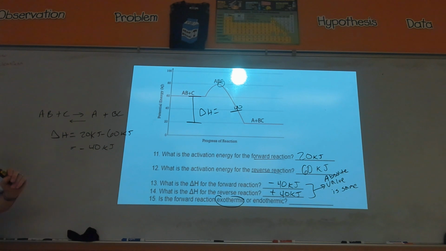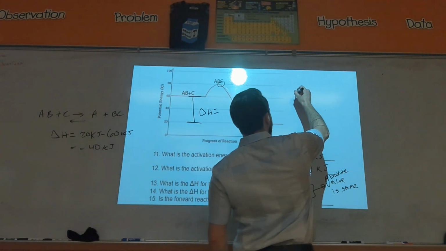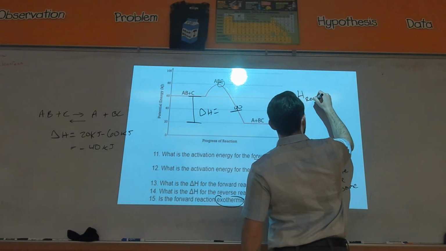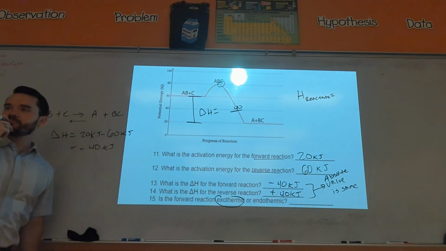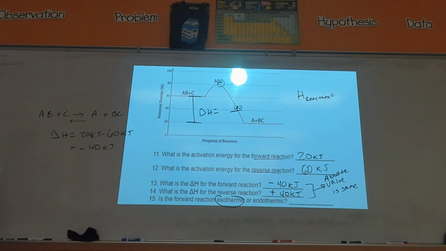Some other things they could ask. What if they asked H of reactants? What is the H of the reactants? There'll be a question like this: H of the reactants. What is the enthalpy of the reactants, or the energy of the reactants? It's just 60.